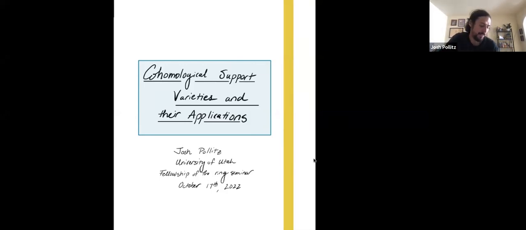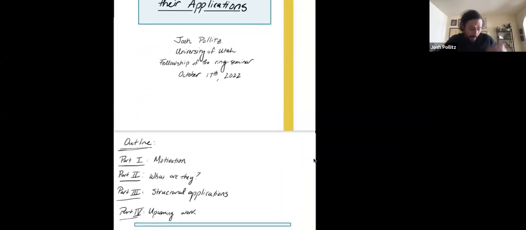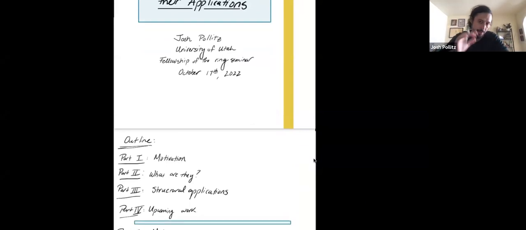So I'm going to talk about these cohomological support varieties that I've been interested in the past several years. And just to give you an outline of the talk and where we're going. So I first want to motivate them. I don't think we've had a talk in this seminar that has dealt with support varieties and commutative algebra. I think we saw a few non-commutative settings, some nice talks of Yulia Petsova and Chris Negron.